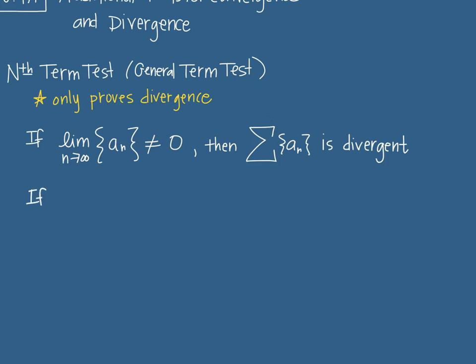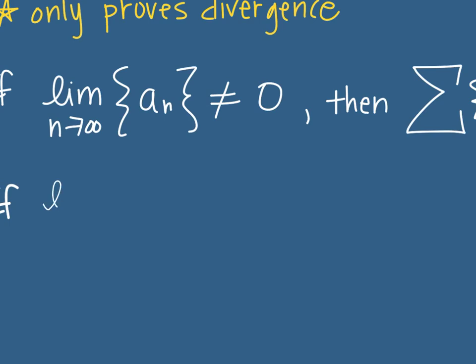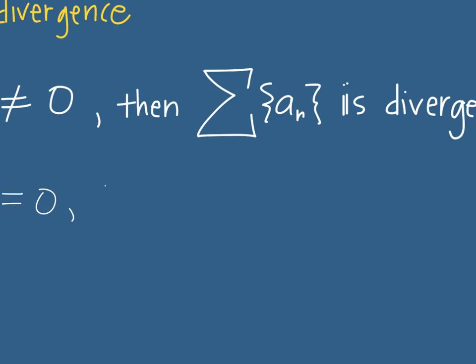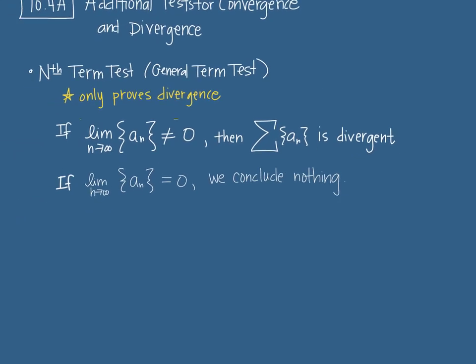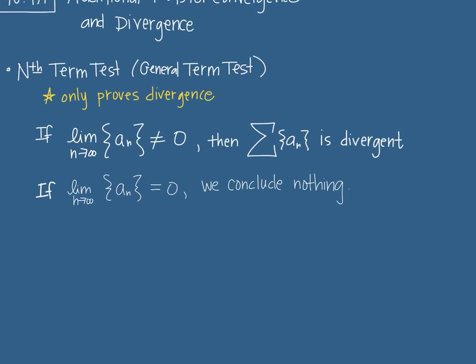If the limit as n approaches infinity of the general term is equal to 0, we conclude nothing. It doesn't prove anything if it is equal to 0.